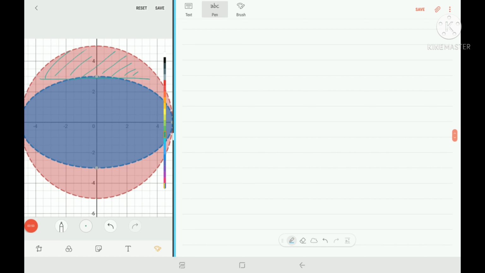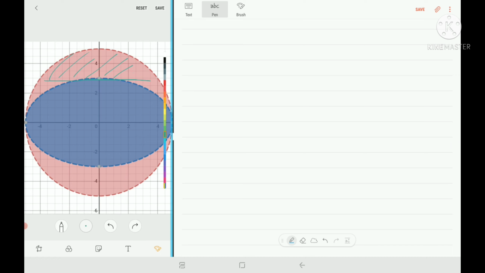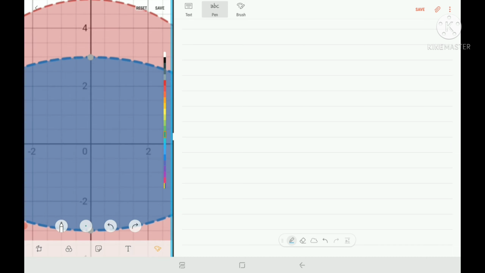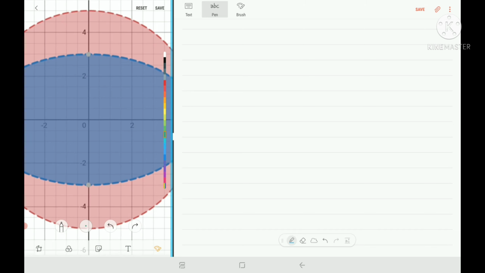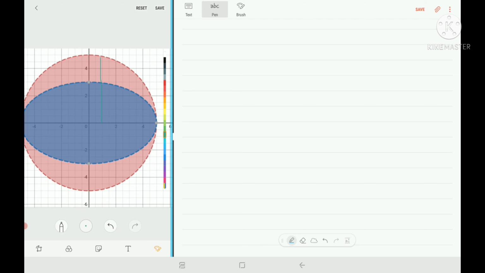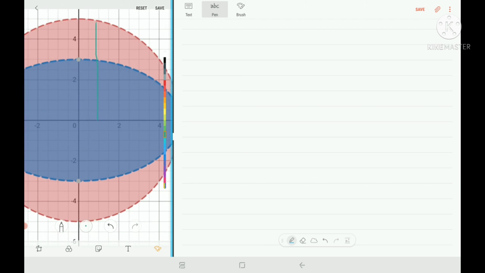Now let's start with the formal derivation part. I'm erasing this. I will start by drawing a line segment from a random point on the periphery of the auxiliary circle onto the major axis of the ellipse.